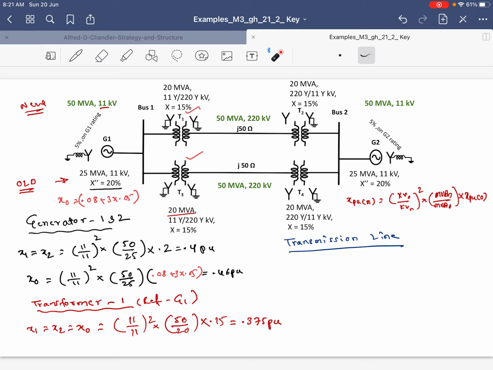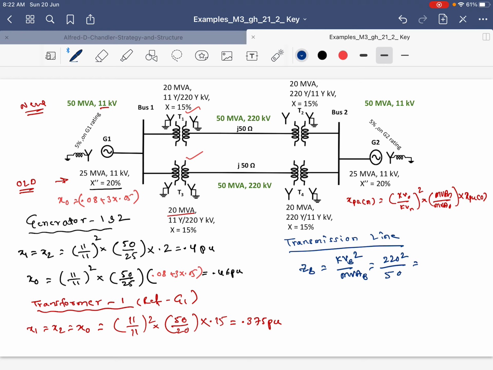Now here the actual value is given, therefore you have to find out the base quantity. That is ZB is equal to kVB square divided by MVAB. That is kVB is 220 square divided by MVAB is 50.